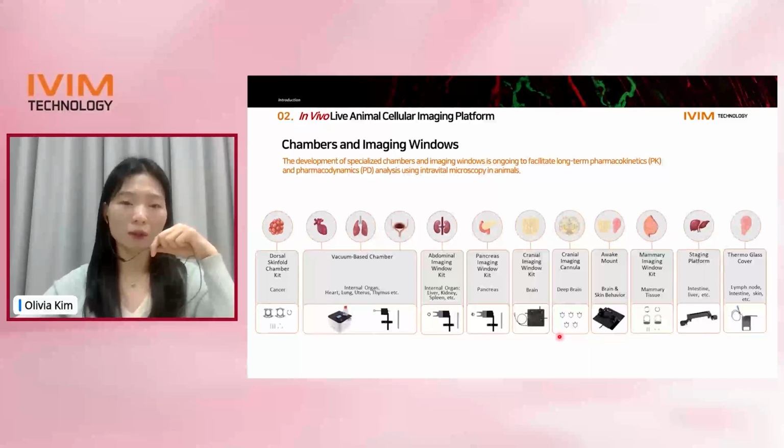And once the mouse has recovered, long-term imaging for over a year is possible without significant additional surgical burden. If there is a particular research interest in a specific organ, we can also develop and optimize customized windows and chambers tailored to the study needs.